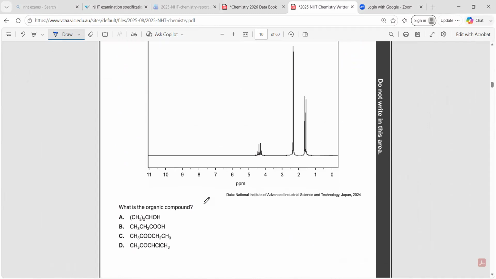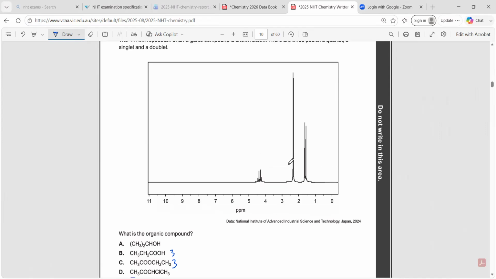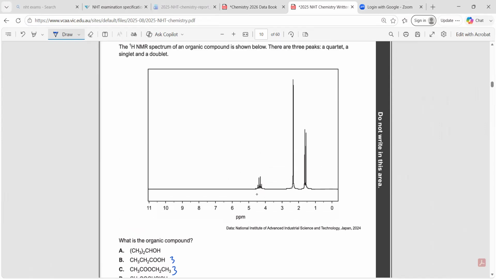So there's three environments there. I wonder what the best way to do this is. Basically what they're trying to say is that there's an environment here, and the neighboring environment will have three hydrogens.